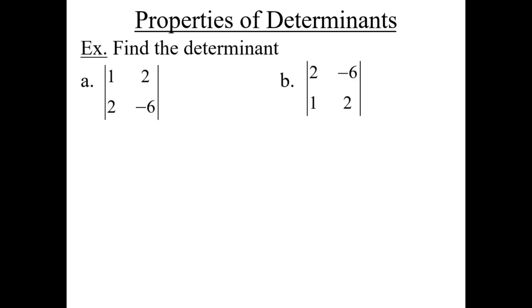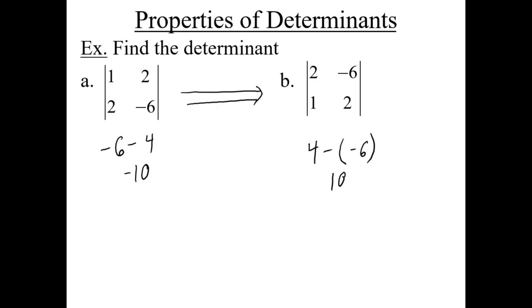So the one on the left here, if I find the determinant, multiply the main diagonal, minus multiply the other diagonal, I get -10. And for the second one here, multiply the main diagonal, minus multiply the other diagonal, and I get 10. Now let's ask the question, how do I take the left matrix and change it to turn into the right matrix?